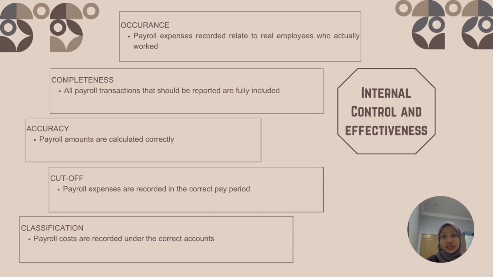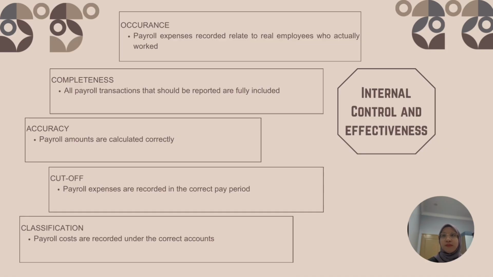Accuracy means payroll amounts are calculated correctly based on approved salary rates, hours worked, and statutory deductions. Automated payroll systems and independent reviews help reduce calculation errors. This ensures employees are paid the correct amount.